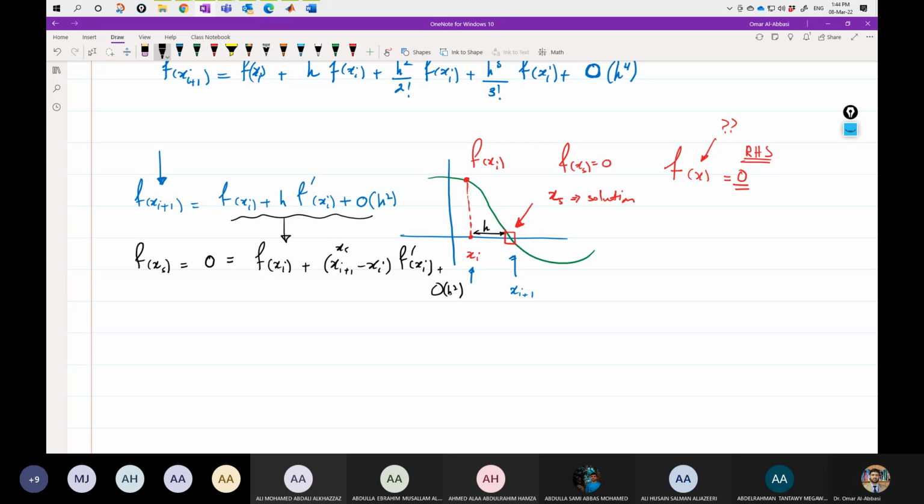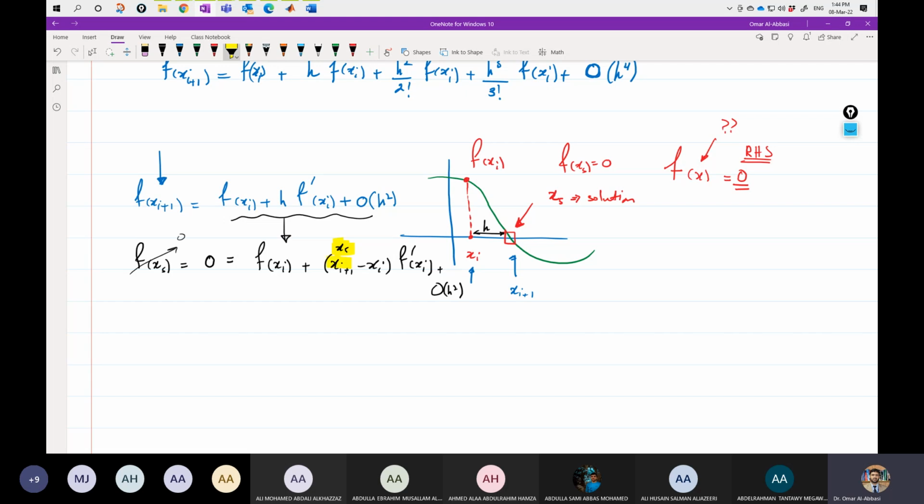Okay. Guys, what is the unknown point, or what are we looking for in this equation? Of course this is zero. We are looking for xs. And in this equation, what are we interested in?